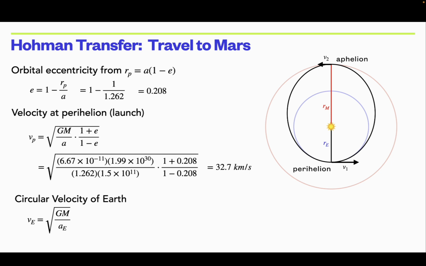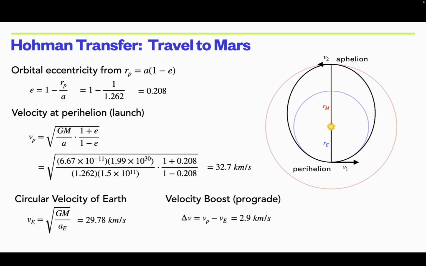The circular velocity of the Earth, remember, is the square root of GM over a, which turns out to be 29.78 kilometers per second, where we've plugged in 1 AU, so 1.5 times 10 to the 11th meters here. So we can see that the velocity boost, what you have to actually give the probe, is the difference of these two values. And that only turns out to be 2.9 kilometers per second.